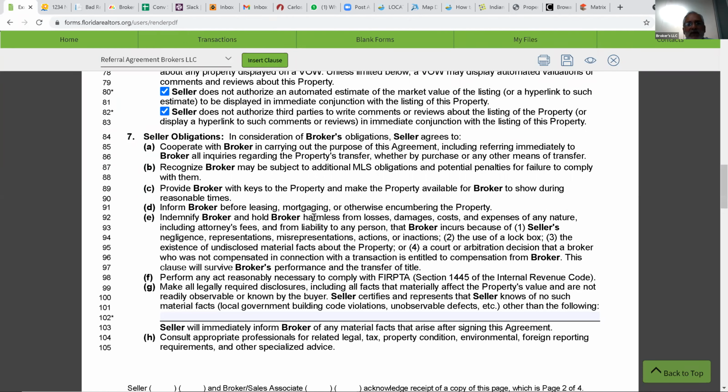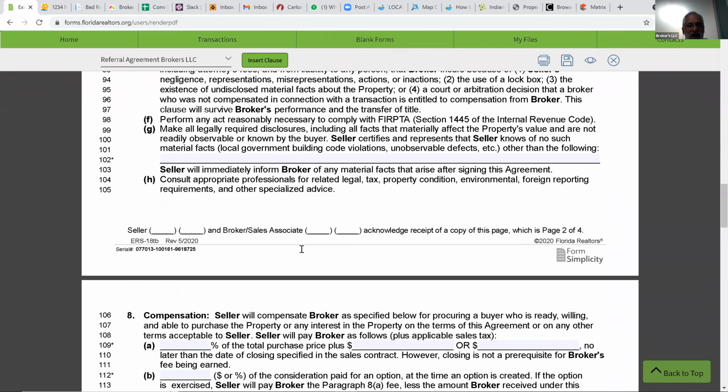So they had to cancel the contract. So every single bit of information, you will have to put it on the MLS just to prevent misunderstandings on a contract.